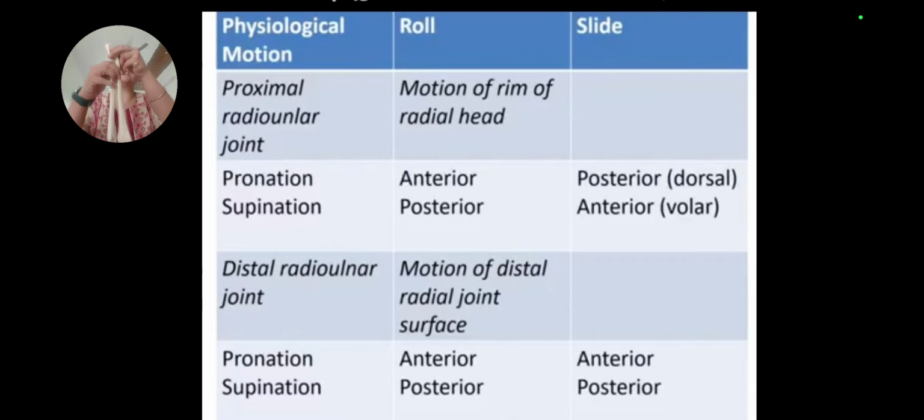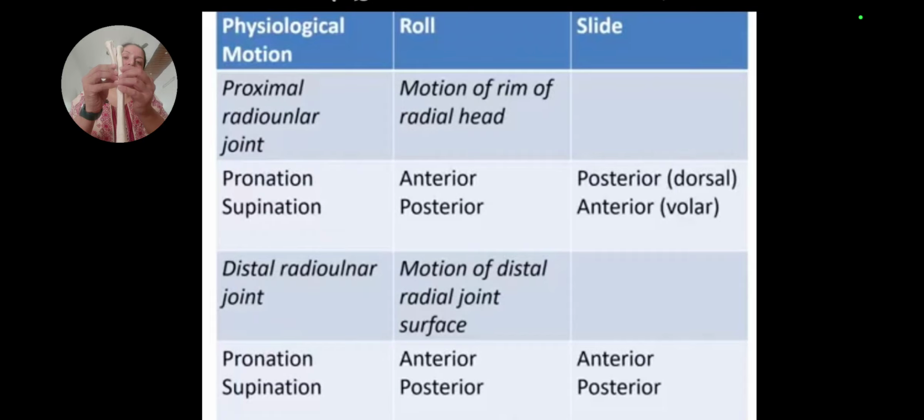So in pronation, what is happening is the radius is moving ahead. The head is moving anteriorly, but the glide is taking place posteriorly. Okay?